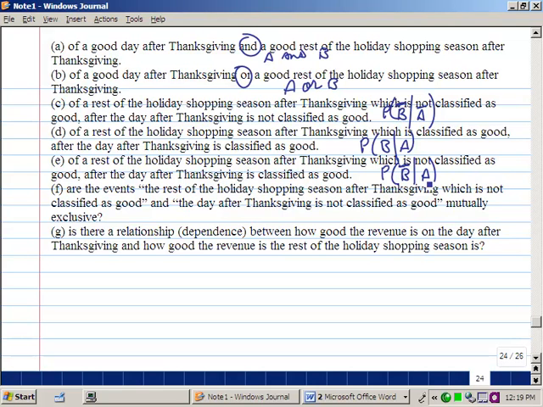All right, B bar given A. You should notice at this point, after several of these, that we have two back-to-backs here, both conditioned on the same thing. So we're only looking at those Thanksgivings which had a day after Thanksgiving that was good, and then we're looking at the complement of part D, in a sense. All right, so B bar given A.